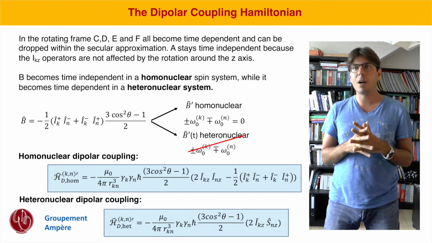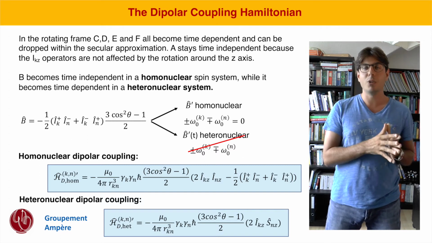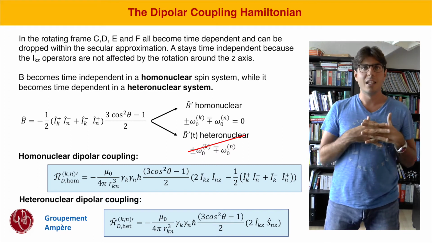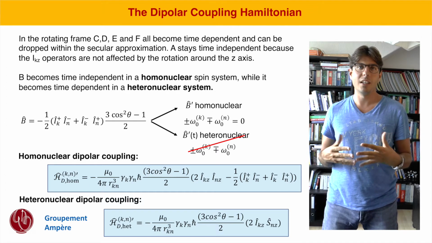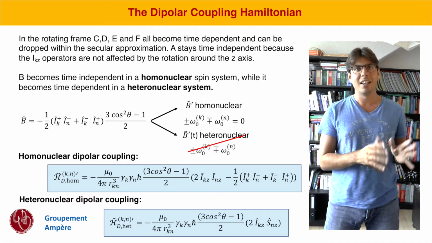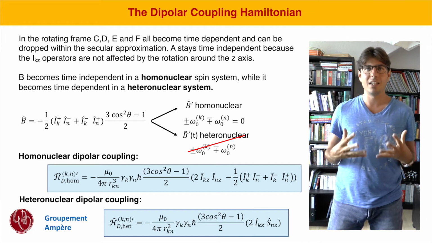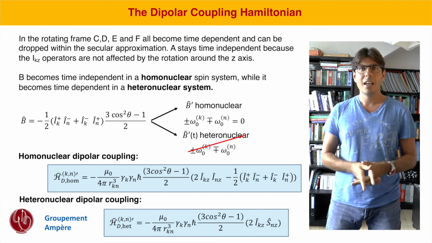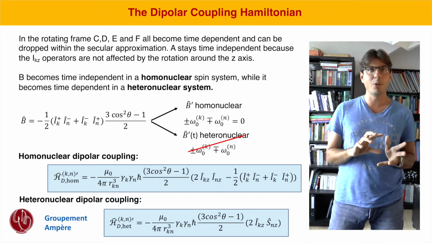And so that's why for a homonuclear two-spin system, our homonuclear dipolar interaction will not have a time-dependent B term in the interaction frame, and this is why we have to keep it in our final expression when we apply our secular approximation. And this was only true because they had the same Larmor frequency.